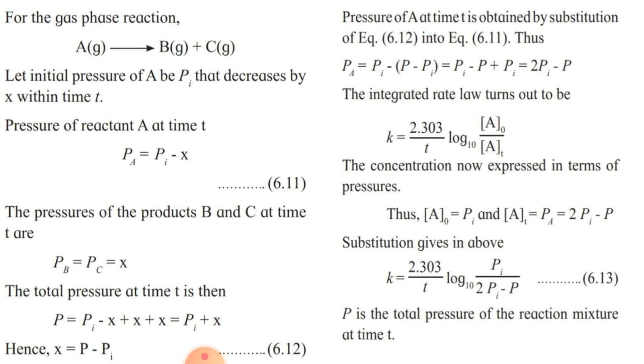So Pi is your initial pressure and the pressure of the reactant at time t will be Pi minus X. Now here, what will be the pressure of the products B and C? It will be equal to X. How will it be equal to X?